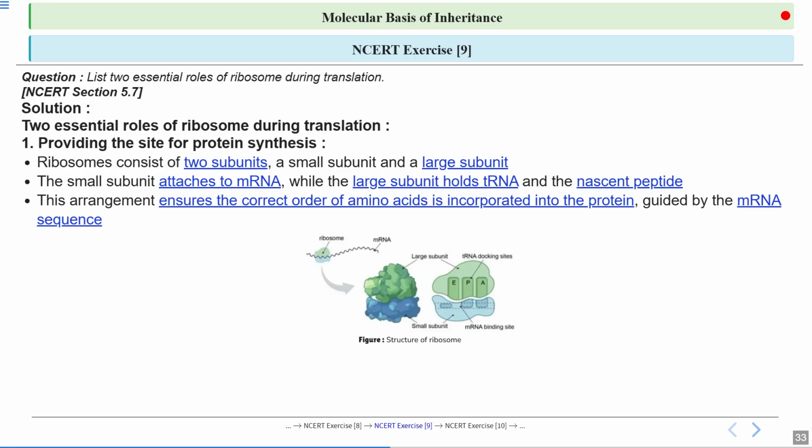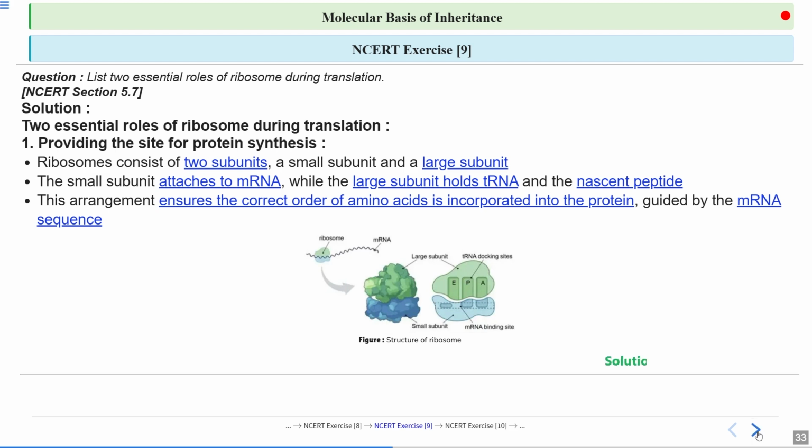This smaller subunit attaches to the mRNA, which you can even see in the picture, while this large subunit holds the tRNA and the nascent peptide. This is the arrangement that will make sure that the correct order of amino acid is incorporated into the protein, which is guided by this mRNA sequence. So the first role is this.